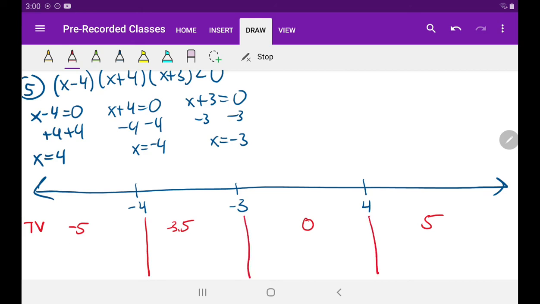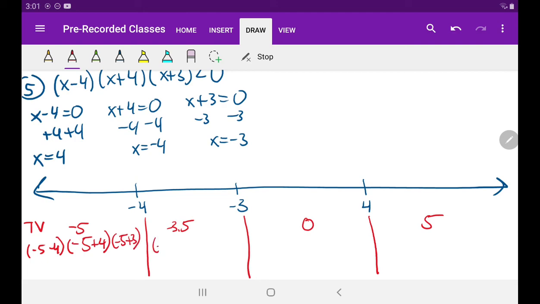Okay, so then we're going to take these test values and plug them in for our x. So I'm going to have negative 5 minus 4, negative 5 plus 4, and negative 5 plus 3.